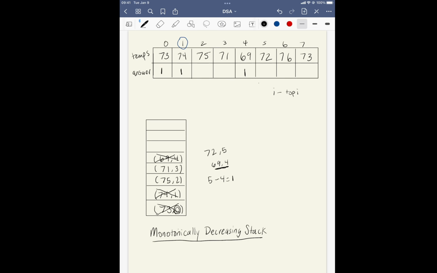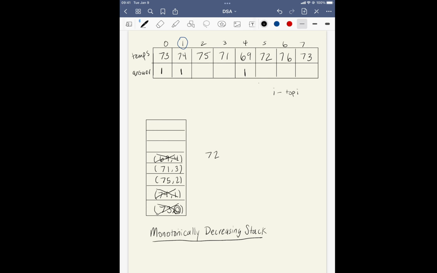Now we still haven't found the higher days for 71 and 75. So let's keep going. We were trying to put 72 on the stack. Can we put 72 on the stack now? Well, 71 is on the top of the stack, and 71 is less than 72. So we can't put 72 on top of the stack because it would make it increasing.